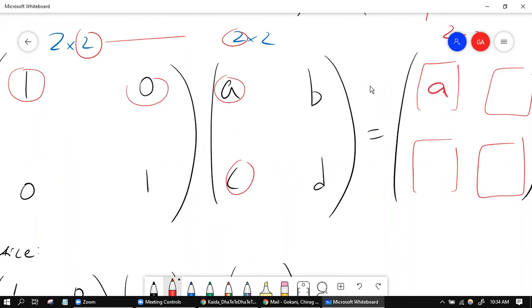So this is A. Your second element is this times this plus this times this. So 1 times B.